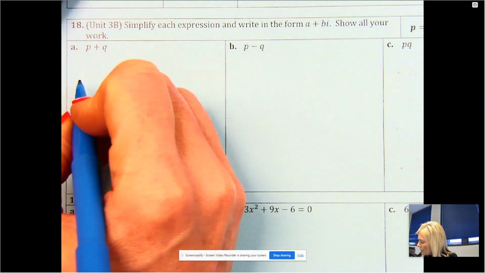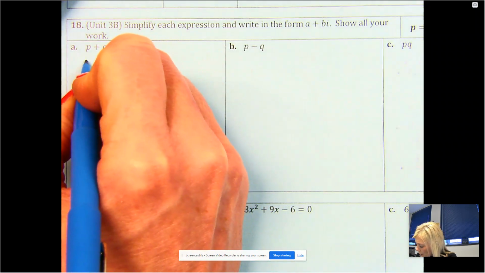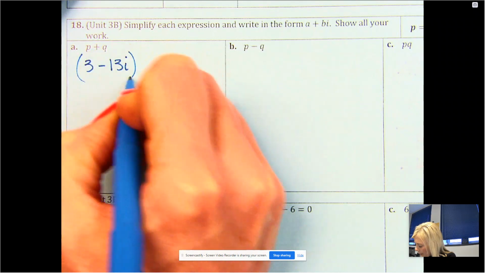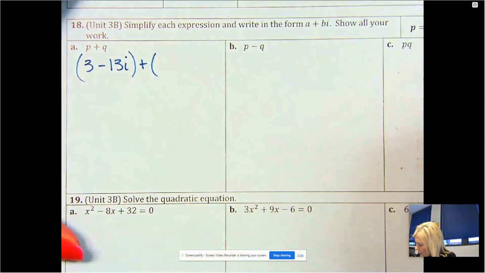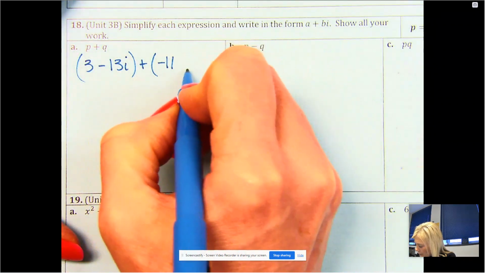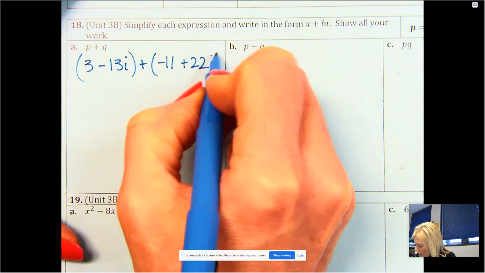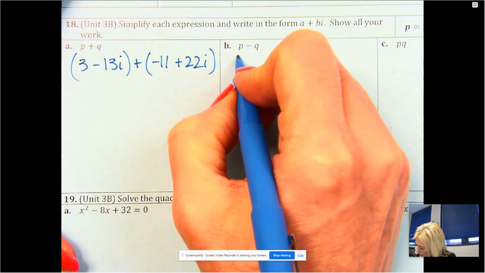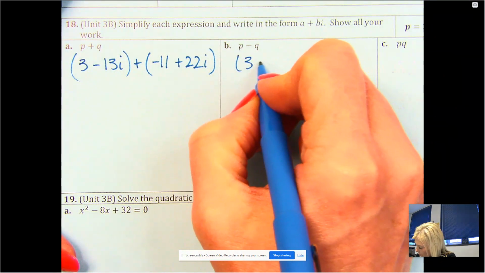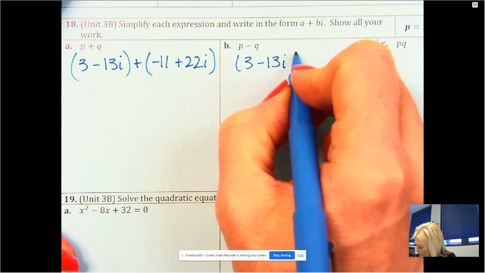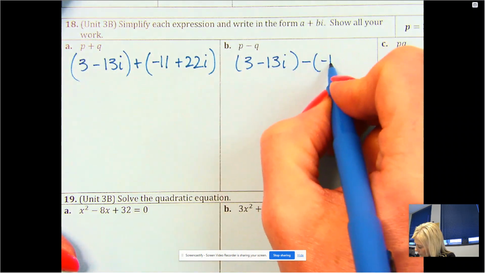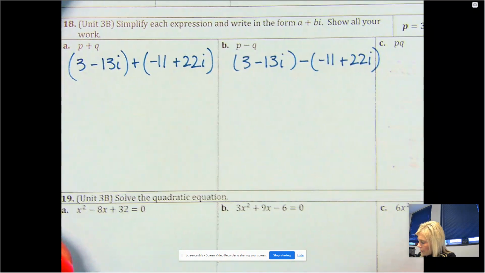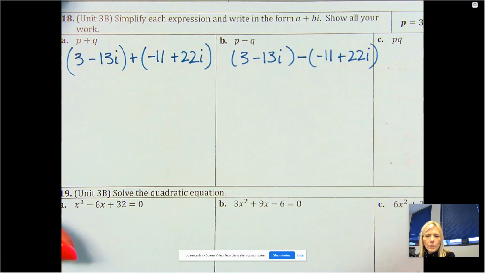Okay, so P is 3 minus 13i, and we're adding that to negative 11 plus 22i. In part B, we're doing the same, except we're subtracting. And then in C, it's multiplication. So we'll get to that in a minute.